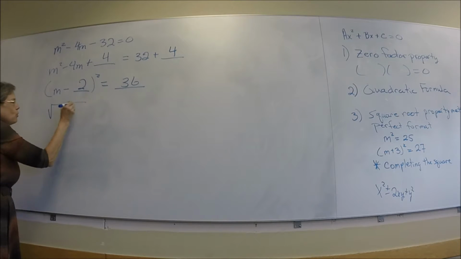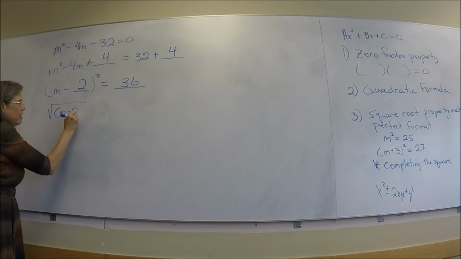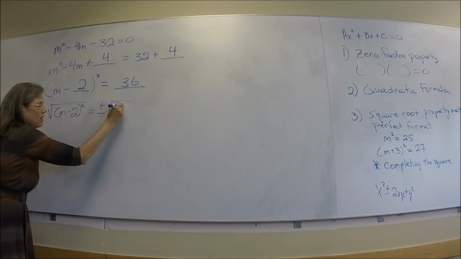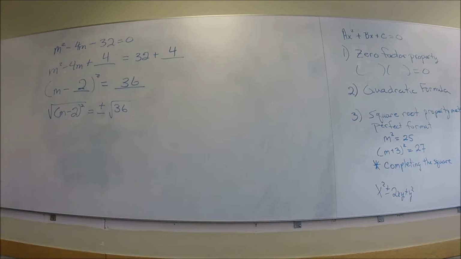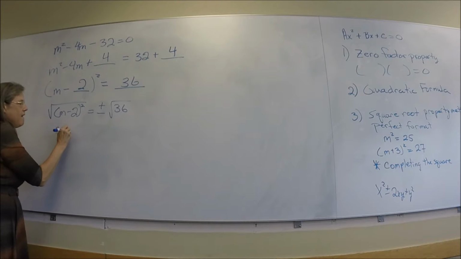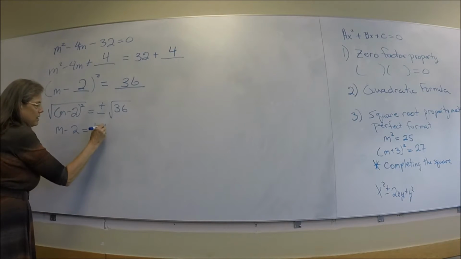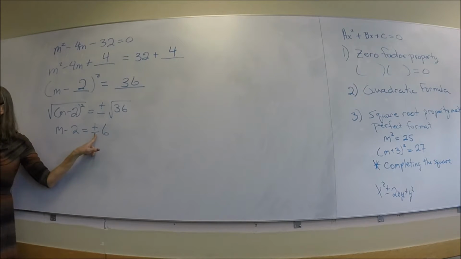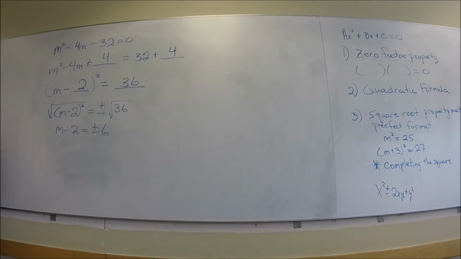So now we're ready to use the square root property method. So I'll take the square root of this plus or minus the square root of this. Okay? And so now I have, everybody okay with that? Yep. What's the next thing I'm going to do? Get rid of the 2. Oh, no. You have to split it. Okay? If I do that, I have no idea what to do with him once he's there.